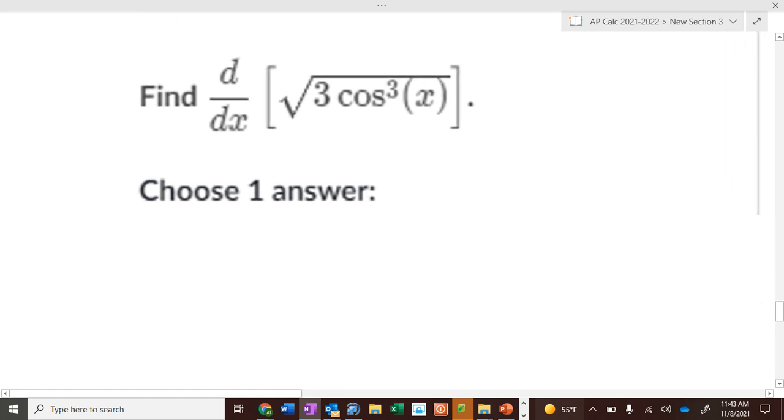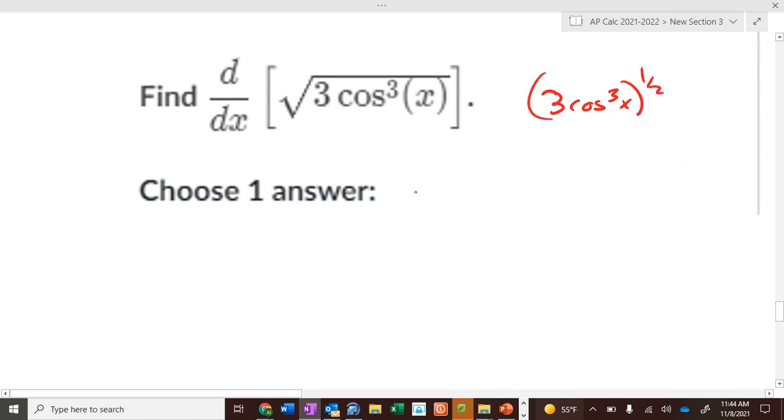Okay, and then once you get done with that section, then we're actually going to figure them out. So what is this? Well, chain rule again, right? So this is 3 cosine cubed of x to the 1/2 power.